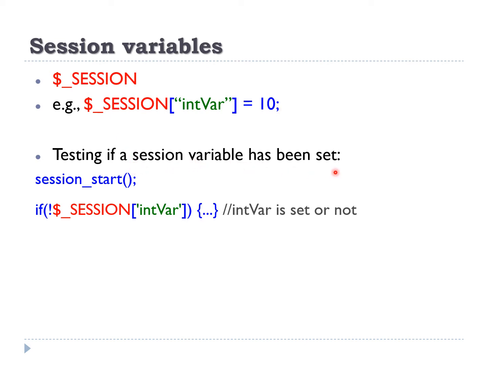If you want to test whether this session variable is set, we can start a session like this with session_start, then if not isset($_SESSION['int_variable']), then this will happen. So this expression will tell us whether the session variable has data or not.